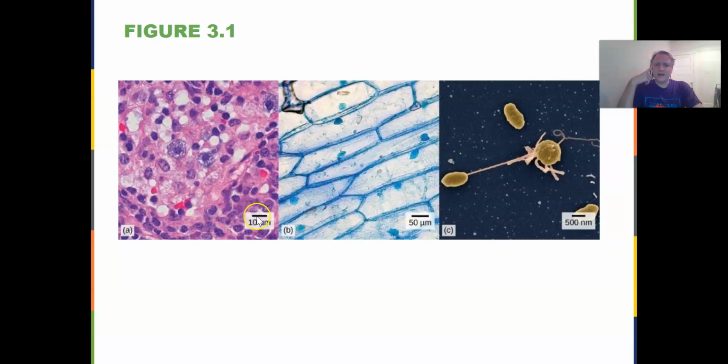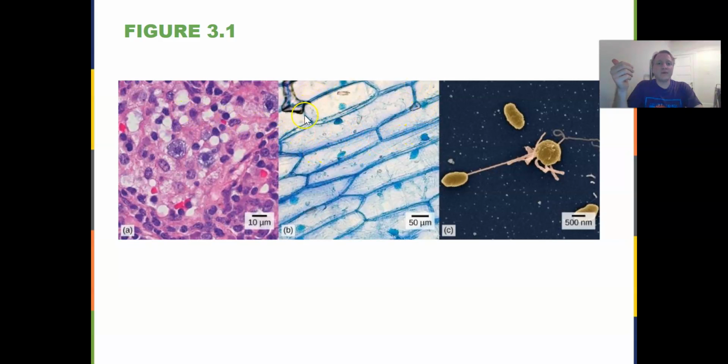But notice this line represents 10 micrometers. Each of these dark circles is a nucleus of one of these cells. And so these are reasonably small cells. They're not huge, but they're not tiny, but they're pretty small cells.